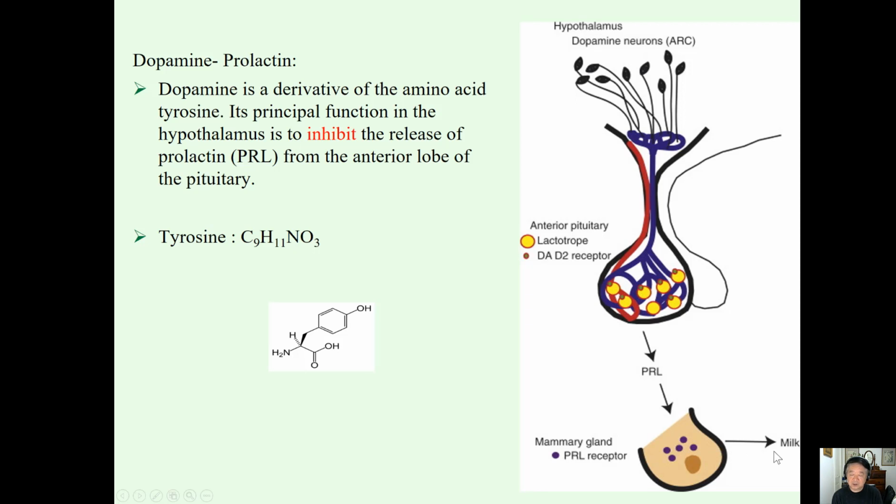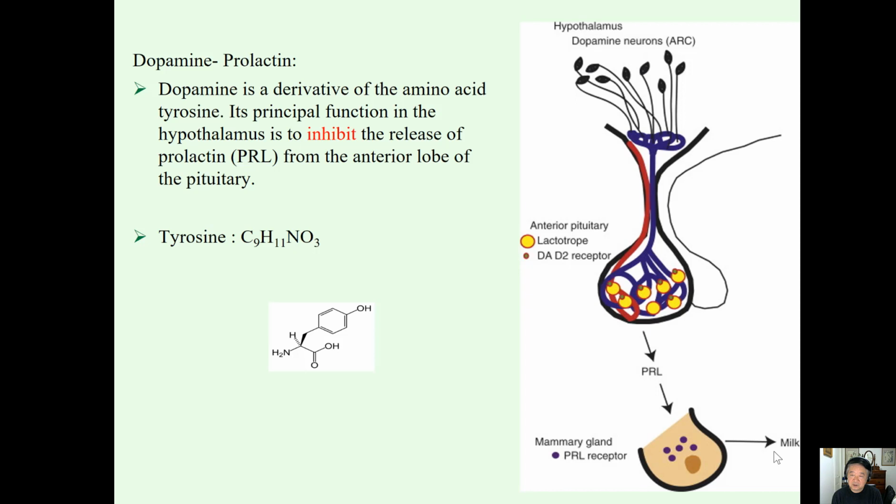For example, antipsychotic drug application in patients suffering from psychosis like schizophrenia and many other diseases. Those patients will require to be on antipsychotic drug treatment. Since antipsychotic drugs can block your D2 receptor, there is a high proportion of patients, particularly girls, that can start to produce milk.